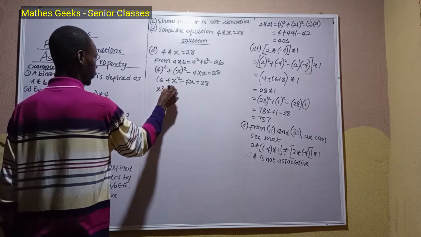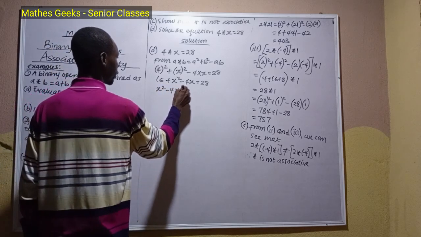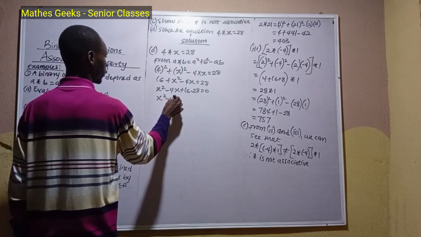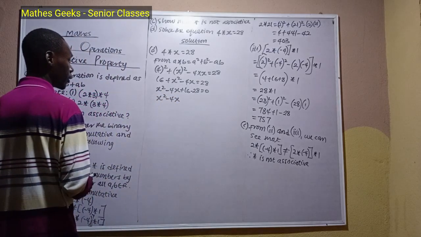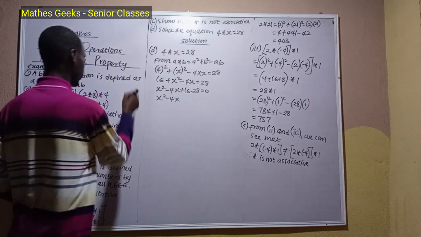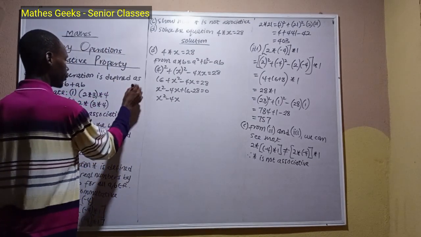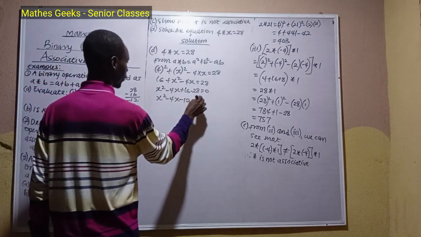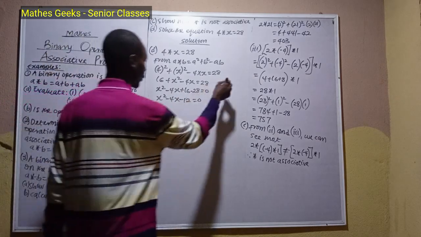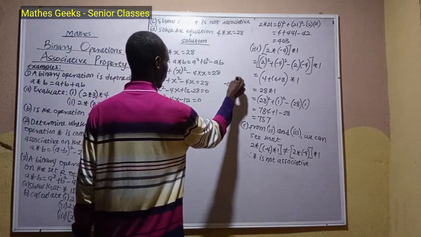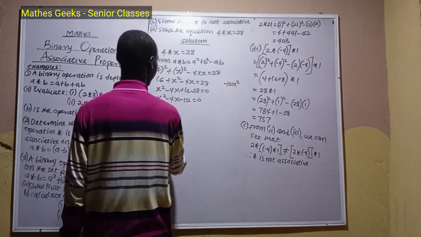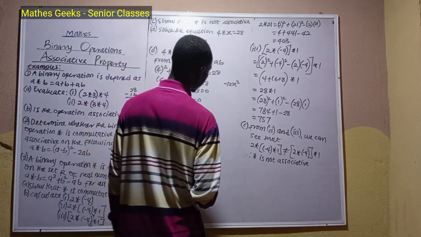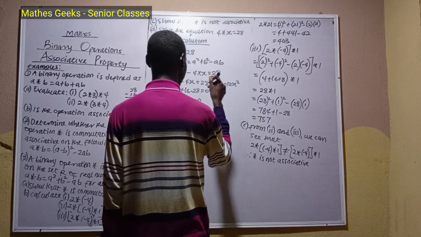So x squared minus 4x plus 16 minus 28 equals 0, which gives x squared minus 4x minus 12 equals 0. We need two factors of minus 12 that give minus 4x: minus 6x and plus 2x.